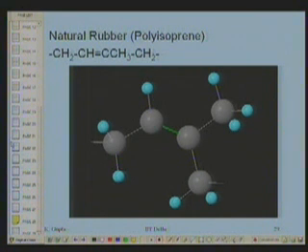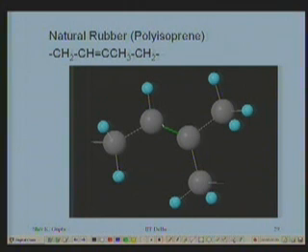The double bond is not straight, it bends about this, so that provides enough space for this to be placed. So that provides a natural tendency for it to bend and coil. Because of this one side group which is bigger than the others, it provides a tendency for bending and coiling.